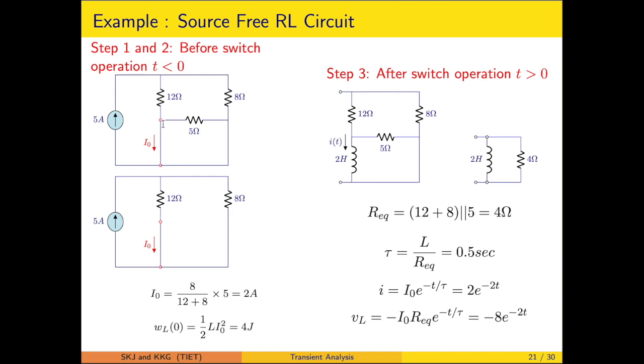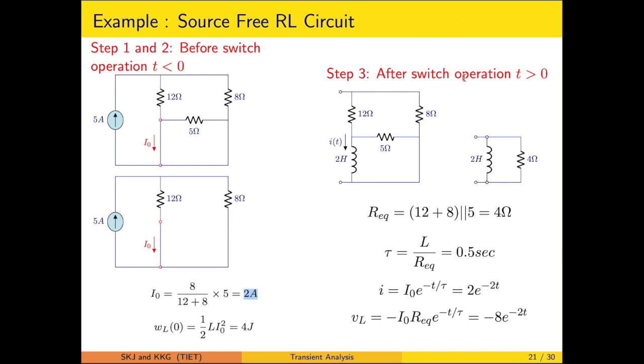Because of this short circuit, there is also a shorted path here, so there is no current in this 5 ohm resistor. The whole of the supply current is divided into the two parallel branches. So the initial inductor current I0 is calculated as 2 ampere, giving an inductor energy of 4 joules.